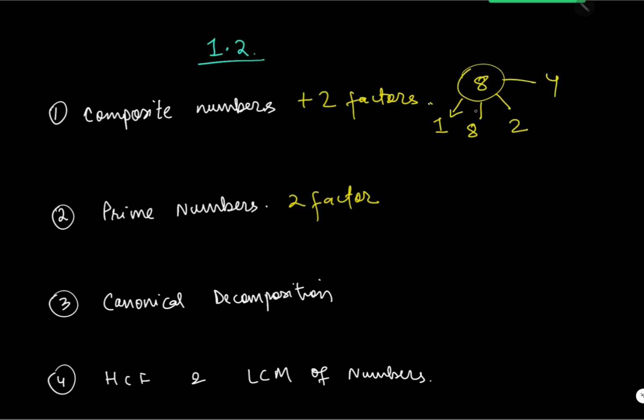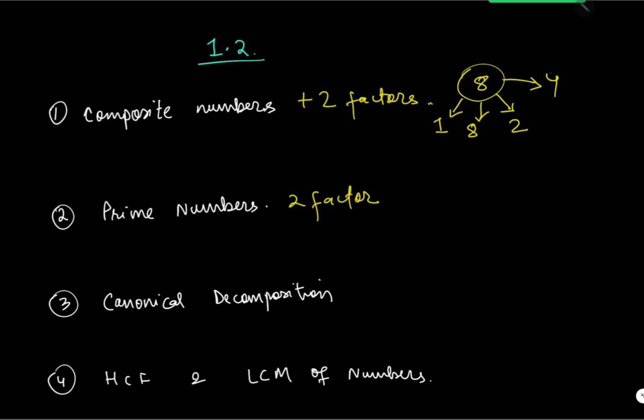So these are the factors of number 8. This means that these numbers can exactly divide 8, and those numbers that can exactly divide 8 are called its factors.